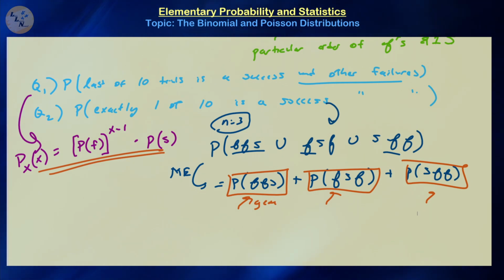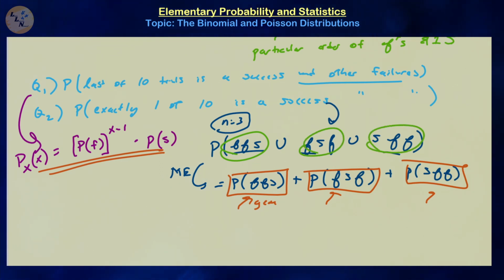We know how to find each of them, and how many there are. It's not just 3, but 3 choose 1, because we're doing rearrangements of 3 objects where we have 1 success and 2 failures.